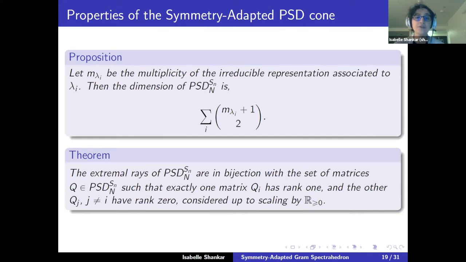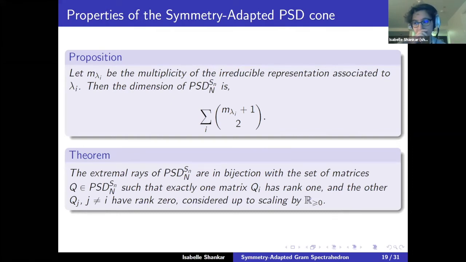So the ranks of the extremal rays are equal to the dimensions of the irreps that appear. And they're exactly that, so they're in bijection. There are no other ways of getting extremal rays. So it's kind of neat. Depending on what group, and this actually generalizes to other finite groups, you get things where you have no rank 1 extremal matrices that define extremal rays.